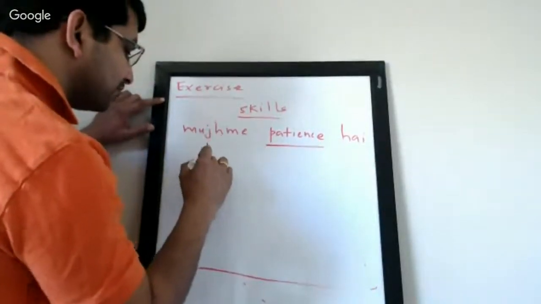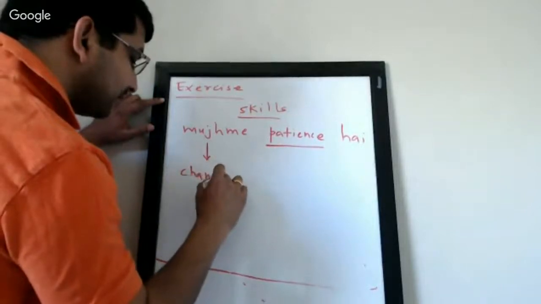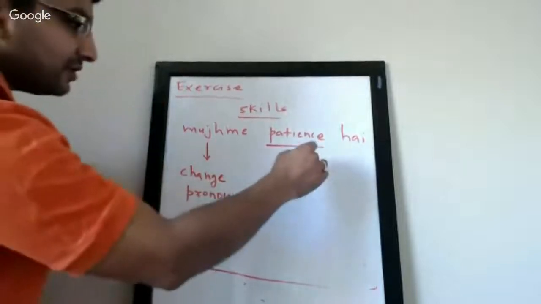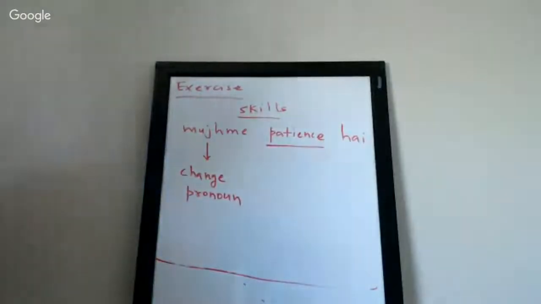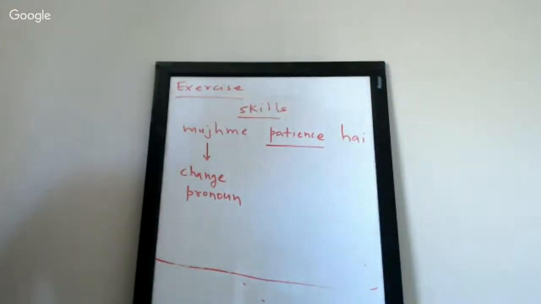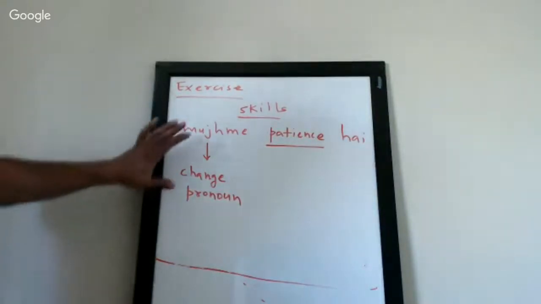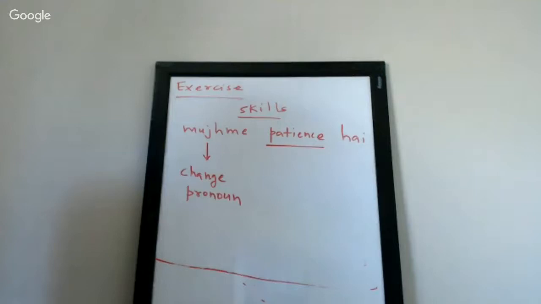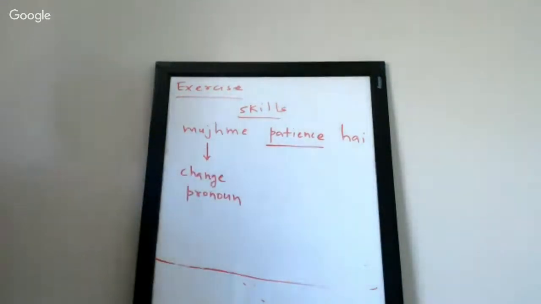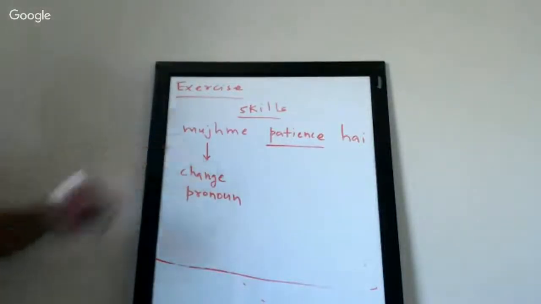Your job is to change the pronoun, and you can change the skills also, but keep practicing it, right? So that way, you can say unme talent hai, they have talent. हम में, in us, हम में willpower hai, we have willpower, right? So that will make you more familiar with how to use this postposition and the pronoun in the oblique case.